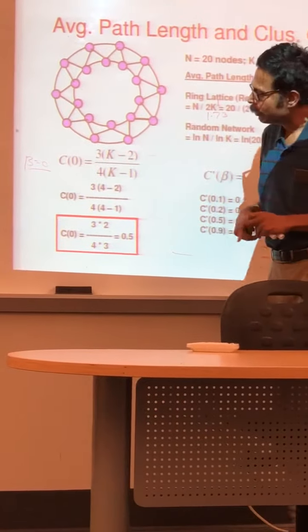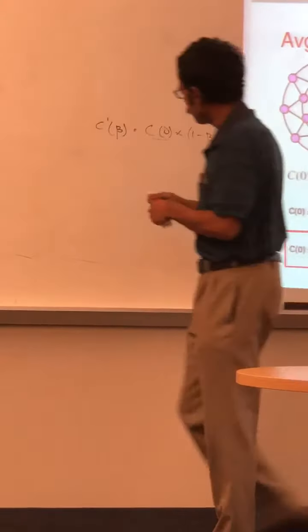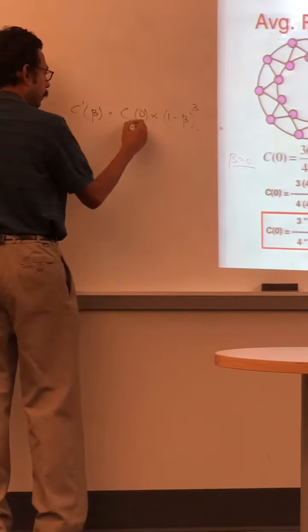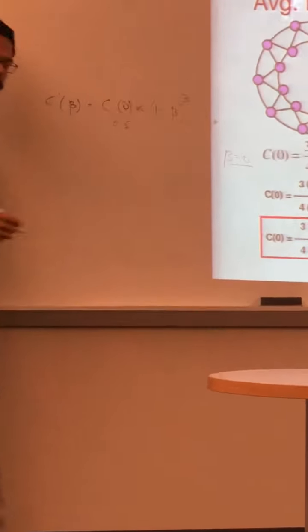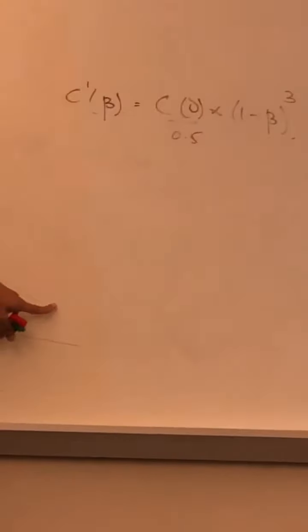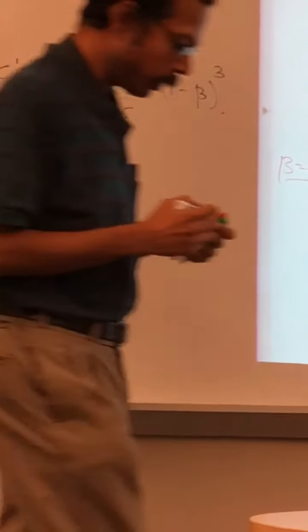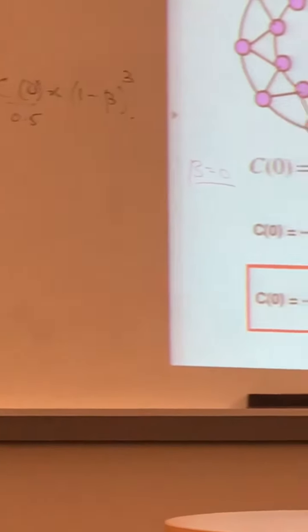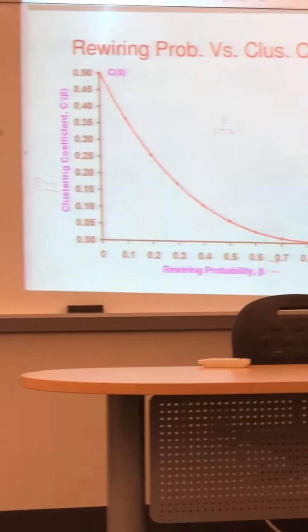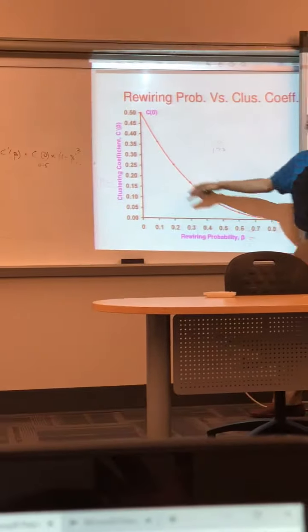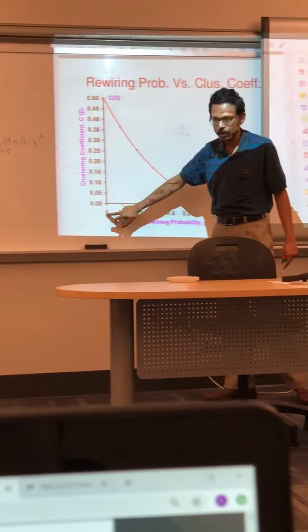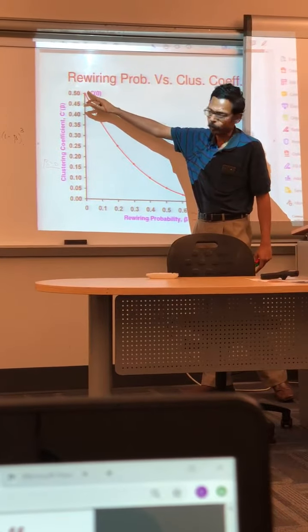Okay. So now what you do is substitute for different values of beta. So C of 0 is 0.5. Now as you increase beta, the clustering coefficient is going to reduce even further. So how is it going to reduce? According to this function. If you try to plot it and visualize it, this is how it will reduce. When beta is 0, the clustering coefficient is 0.5.